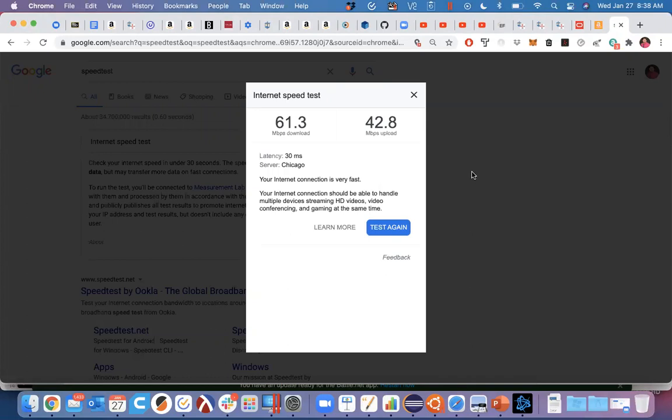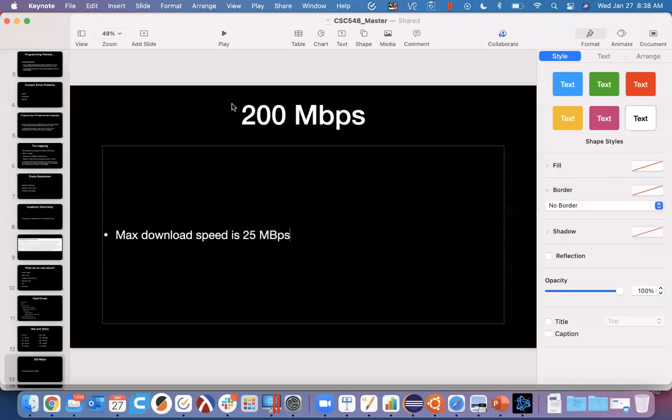Okay, my maximum download speed is whoever I am downloading from's upload speed. Does that make sense? So if I have a 200 megabit per second connection and the person I'm downloading a file from has a 20 megabit per second connection, the maximum I'm going to download from them is 20 megabits per second.